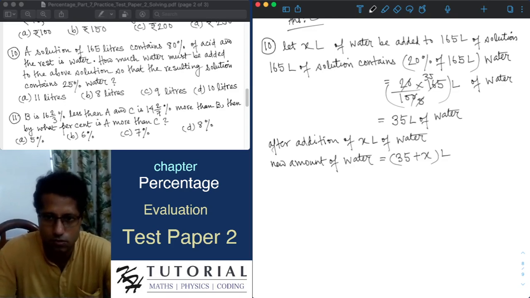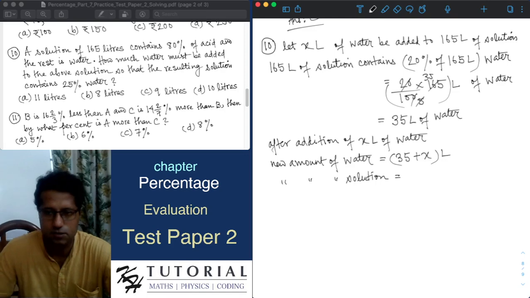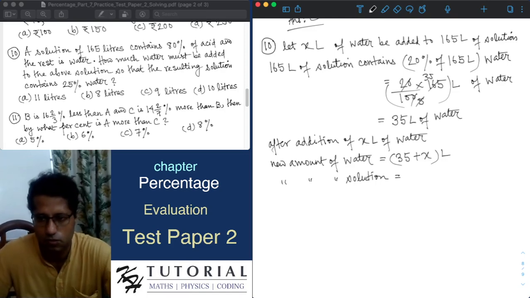So now the new amount of water becomes 35 plus x liters, and the new amount of solution becomes, since the earlier solution was 165 liters and we have added x liters of water, 165 plus x liters.